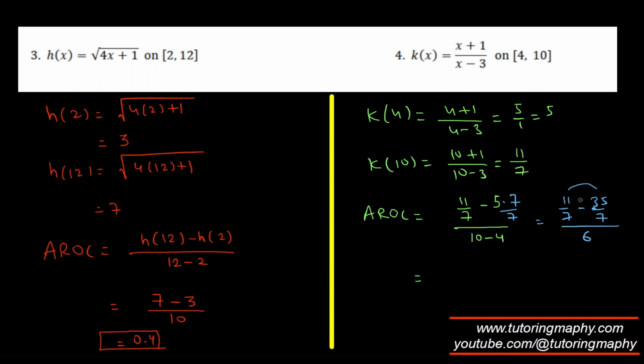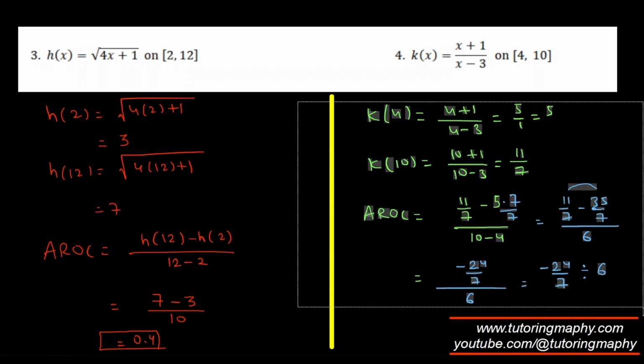Okay, so what is 11 minus 35? I think minus 24. So minus 24 over 7 over 6, correct? So I'm going to now use keep change flip. First off, I'm just going to rewrite this as negative 24 over 7 divided by 6.